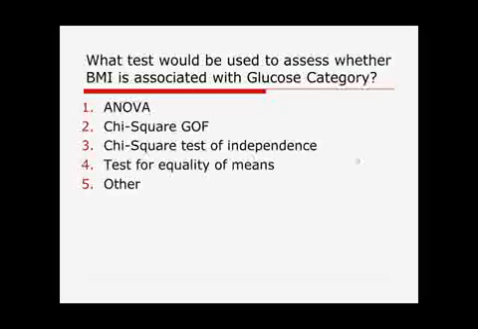Now, think about how BMI was operationalized here. BMI and glucose category. Okay? So this one would be chi-square test of independence because we put BMI in categories, normal, overweight, obese, and glucose category. So here you'd have a 3-by-3 table.